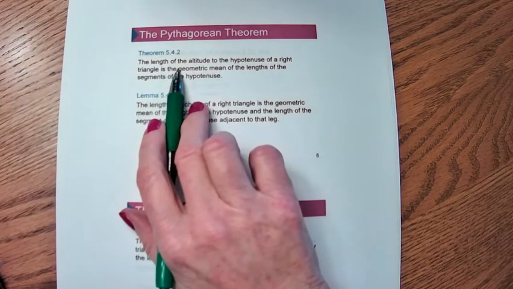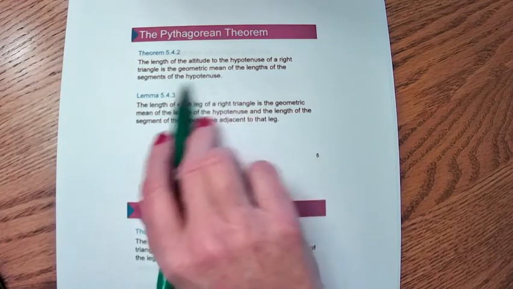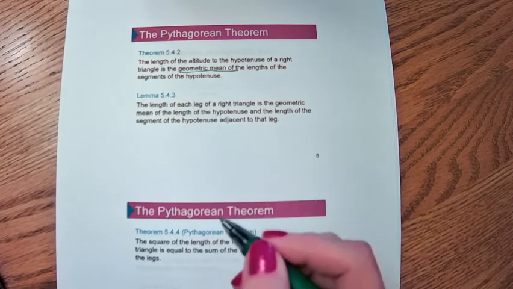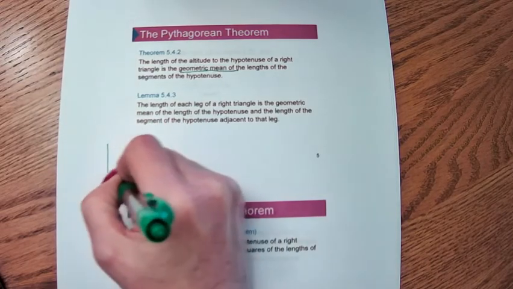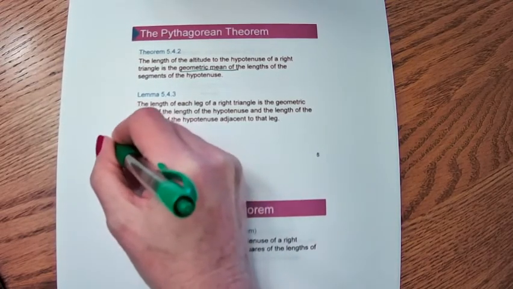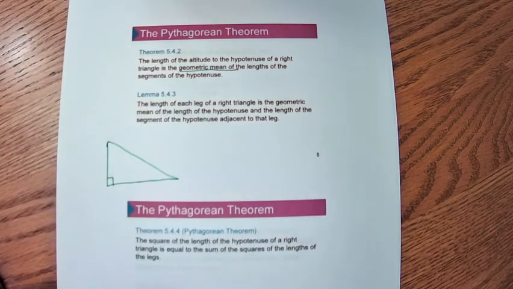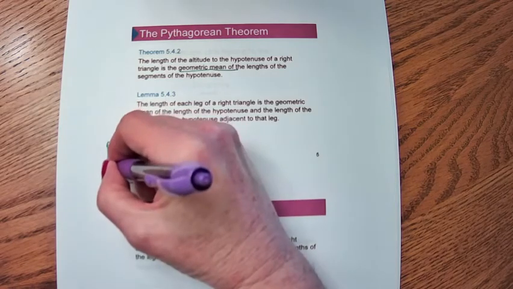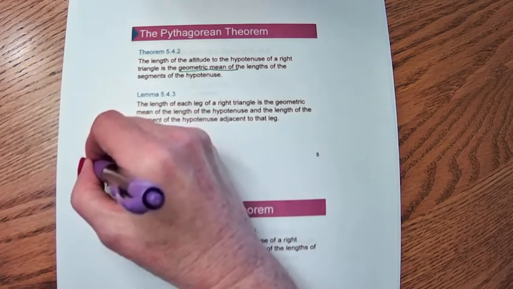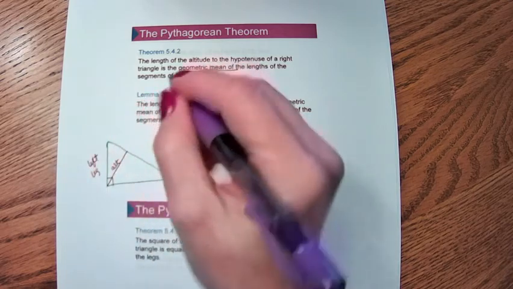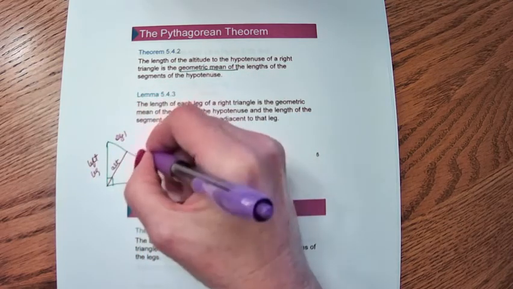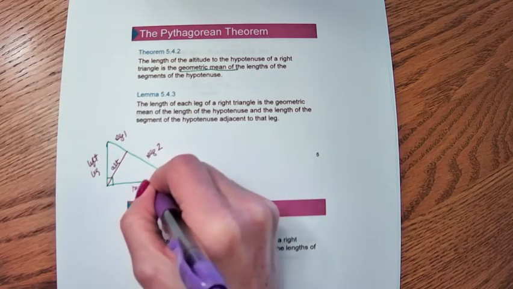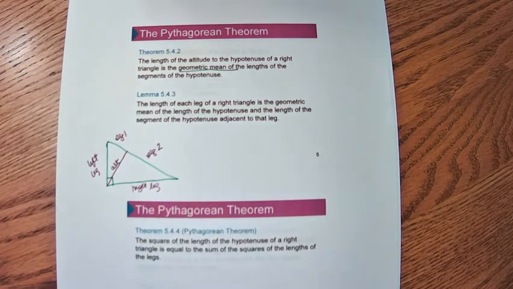All right, so the length of the altitude to the hypotenuse of a right triangle is the geometric mean. All right, there's a right triangle. There's an altitude. Here's my left leg. Here's my segment 1. Here's my segment 2, and here's my right leg of my original triangle.